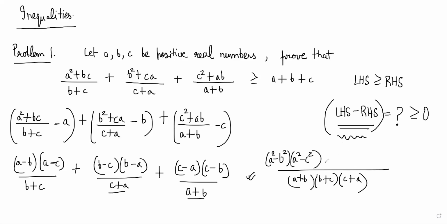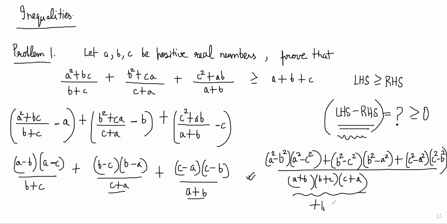This becomes b square minus c square plus b square minus a square. And the second last one is c square minus a square, c square minus b square, right? Since a, b, c are positive, your denominator is anyway positive. You just have to think about the numerator.